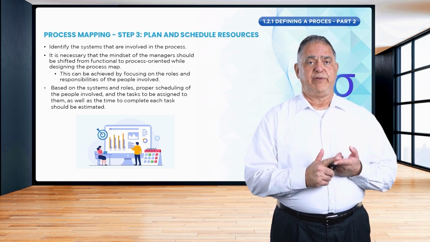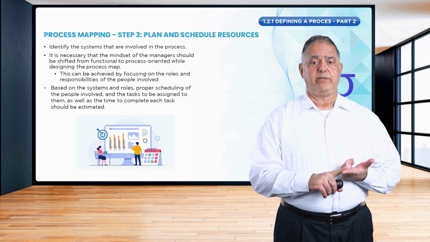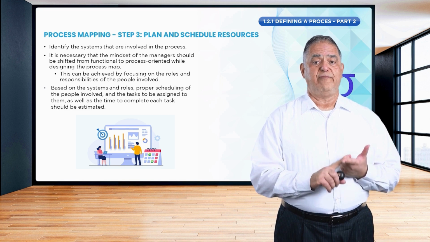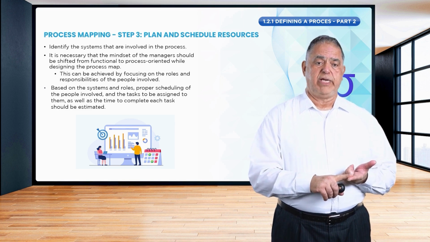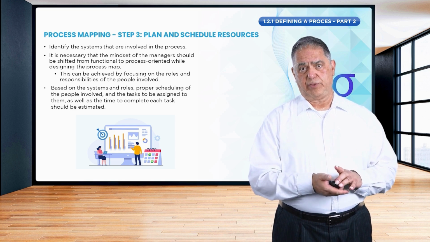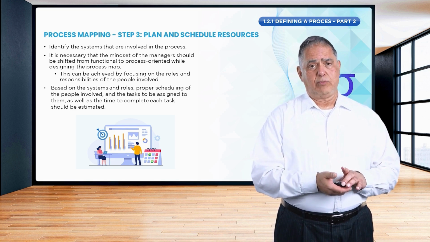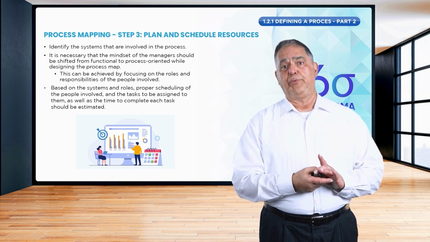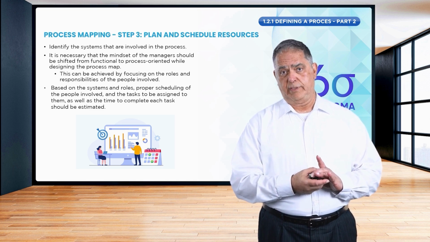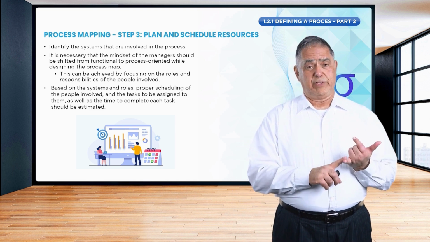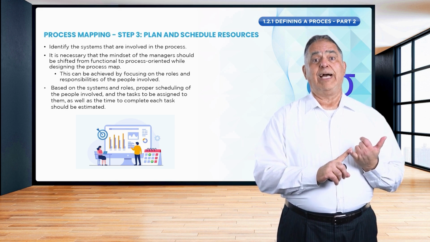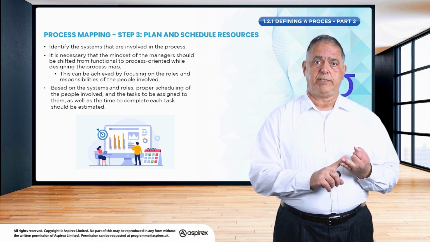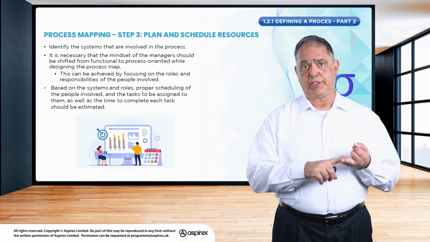So it is very necessary that the mindset of the managers should be shifted from functional to process-oriented when we're designing the process map. And by the way, we say that there are 3 views of a process. The first one is how we think it works. The second is how it actually works.